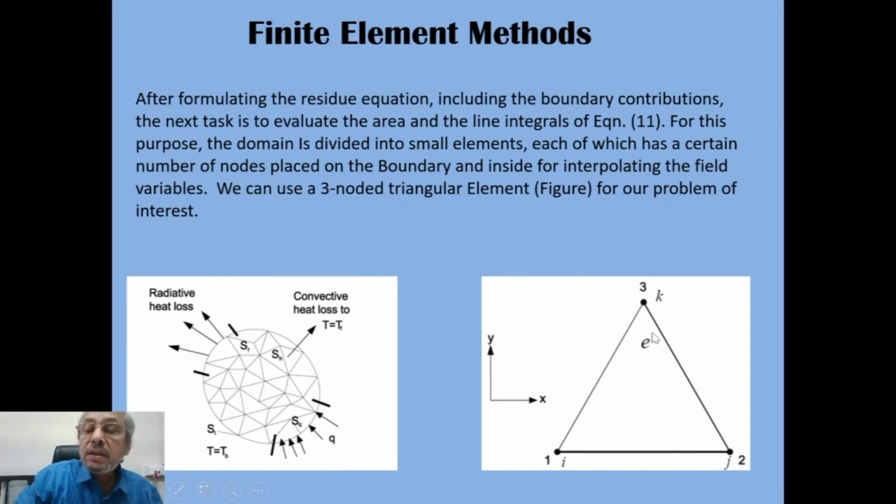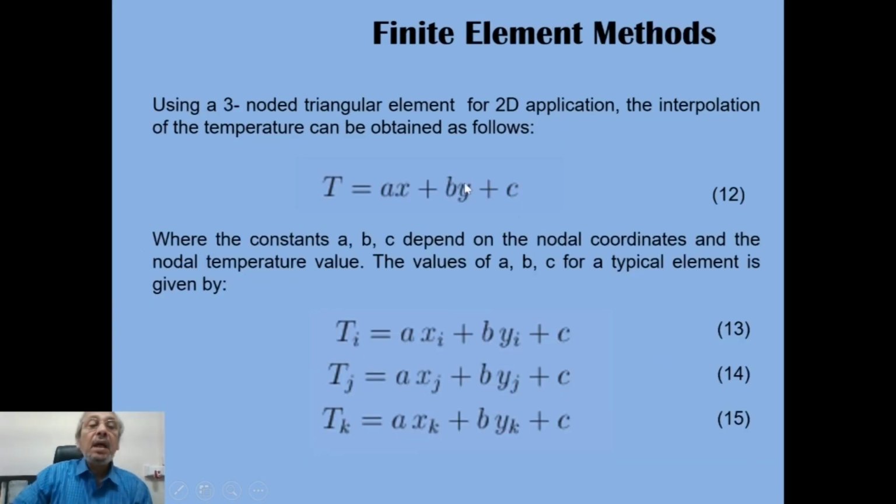So this element we have defined, and now you recall the line element that we studied in our background material. There we identified the nodal points as i, j, k. So here also we are identifying our nodal points as i, j and k. These are vertices of the triangle. And the 3-noded triangular element for 2D application.